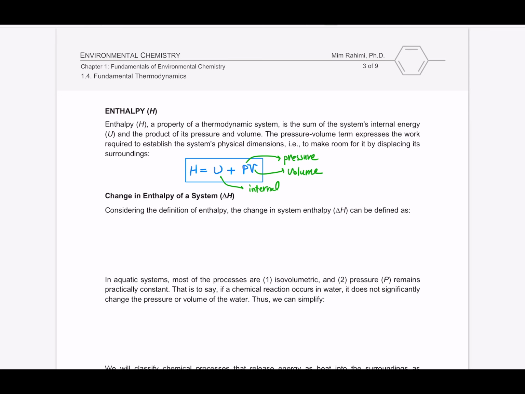So to derive the relationship for delta H, we basically need to take delta on both sides, of U plus PV.